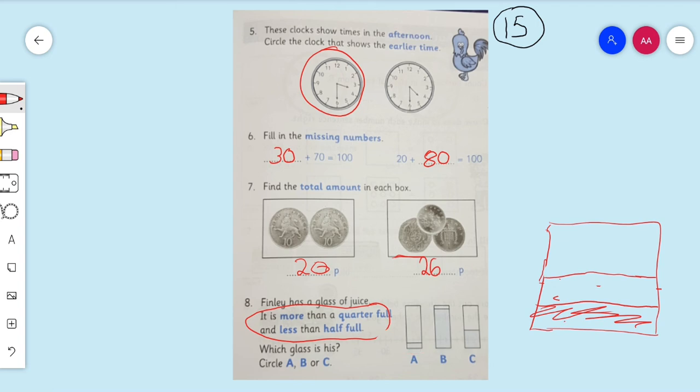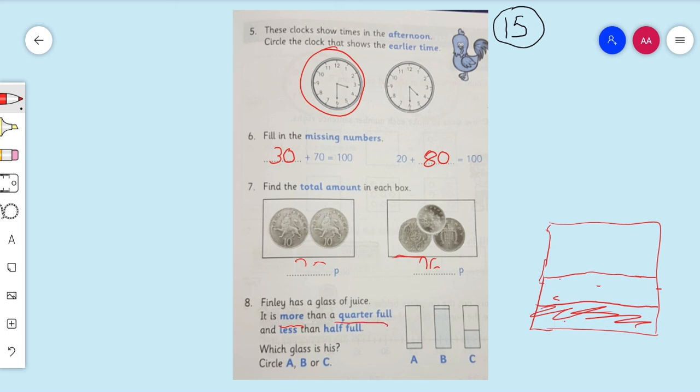No, we don't need to find a quarter full. We need to find more than quarter full. So first, this is a quarter full, but this one is more than a quarter full. And it says less than half full. We need to find the more than a quarter full.